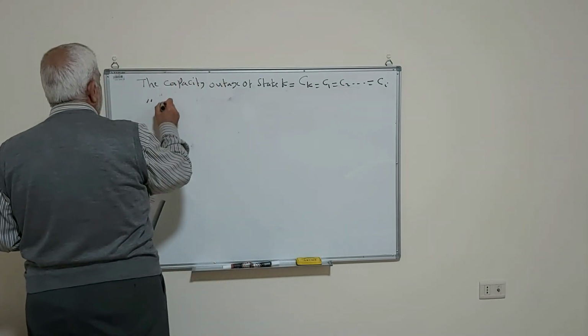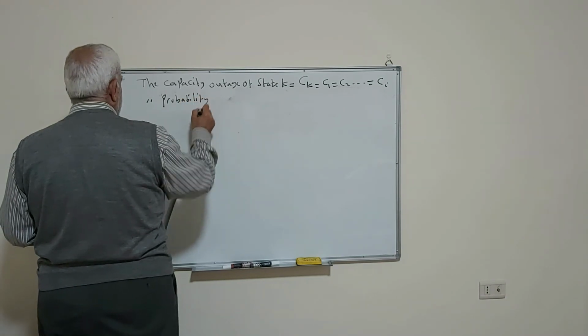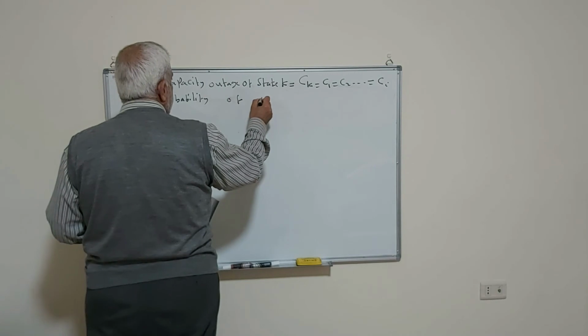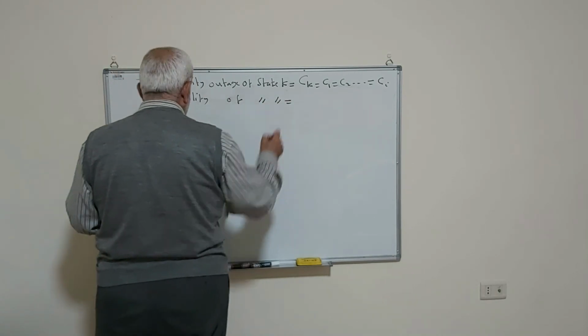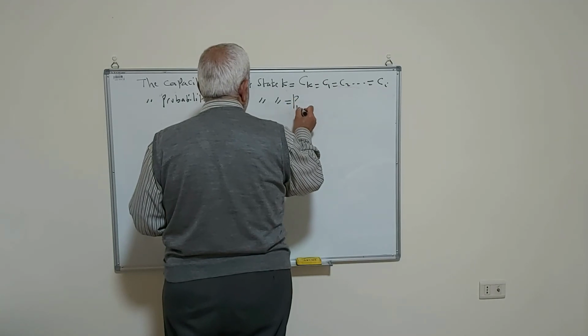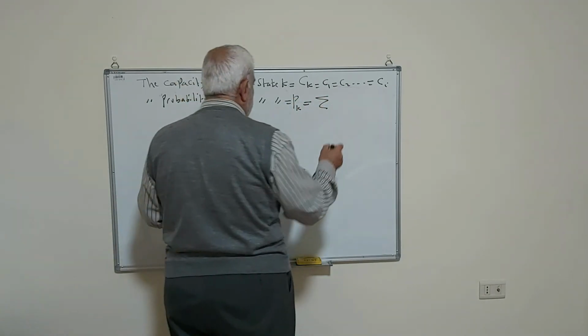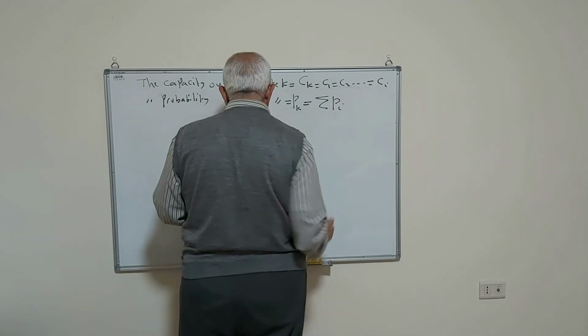The probability of state K is equal to Pk, which is equal to the summation of Pi.